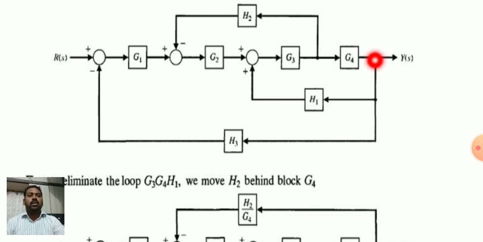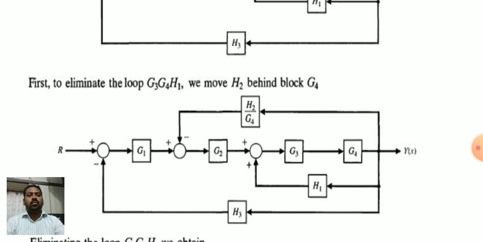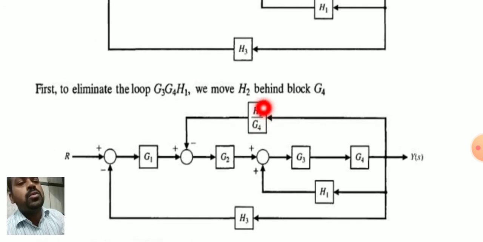What happens when moving the takeoff point ahead of the block? It will affect the signal, that is H2 into G4, so H2 by G4. If you shift it ahead of the block, the block coming in between, you have to divide this signal by that content, so that is shown here: H2 by G4. Now the takeoff point comes here.